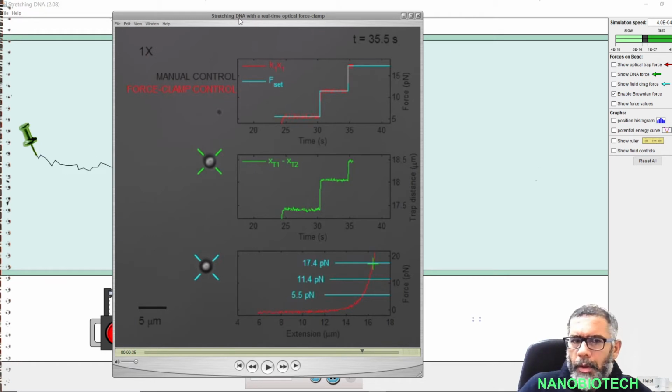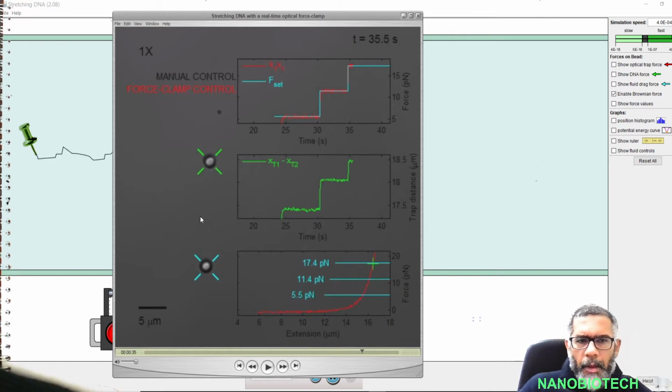So you can produce a force versus extension graph, and by using this data you will be able to measure the spring constant of this particular DNA.